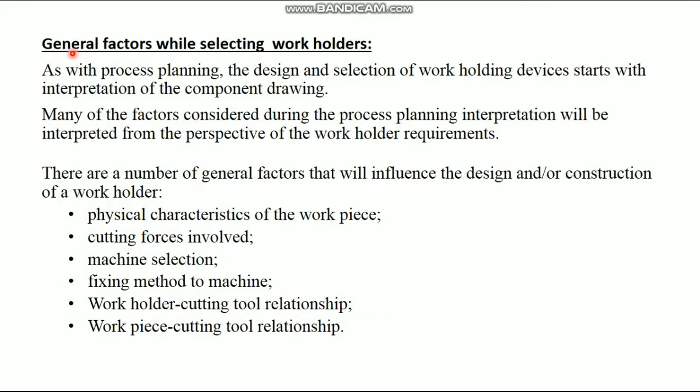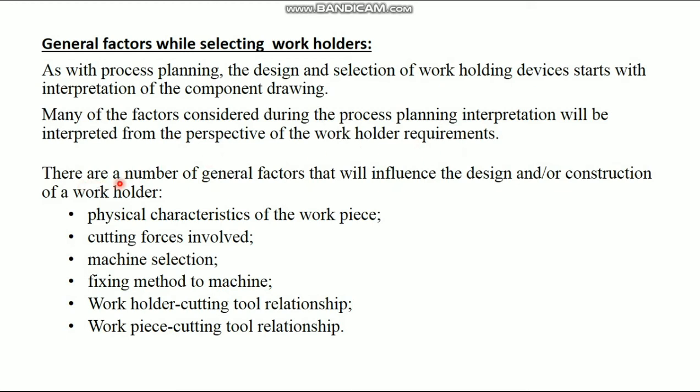Factors affecting the selection of work holders. As with process planning, the design and selection of work holding devices starts with the interpretation of the component drawing. Many of the factors considered during process planning interpretation will be interpreted from the perspective of work holder requirements.